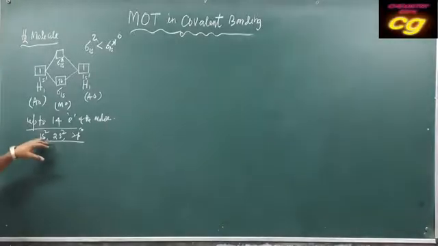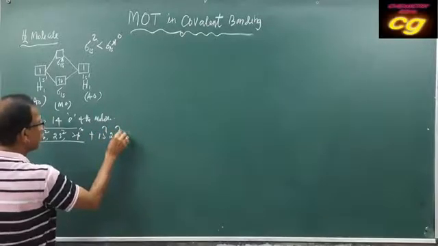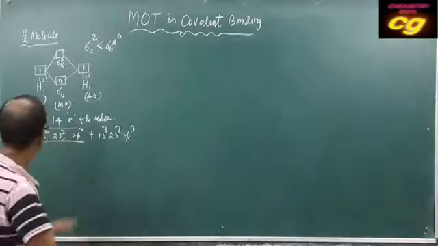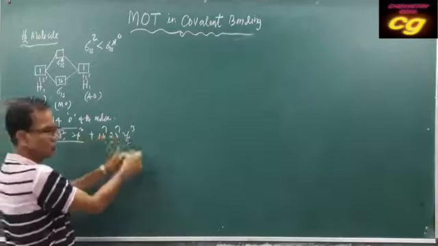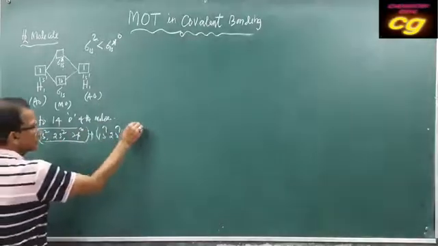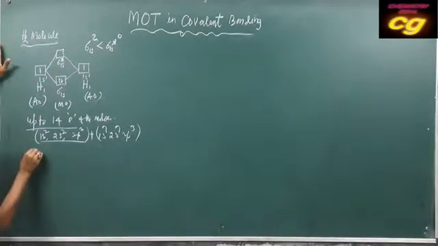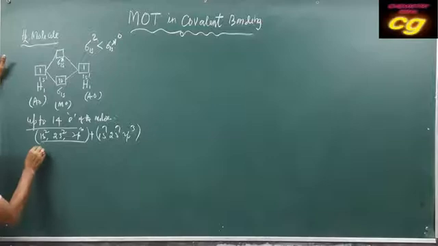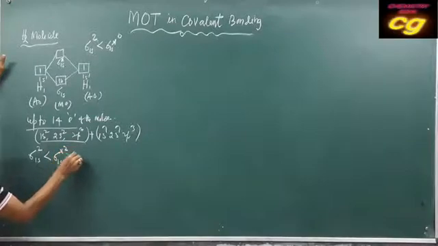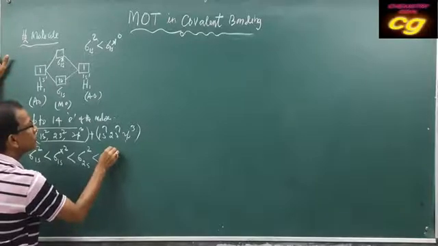So if the atom has 1s2, 2s2, 2p3, then when combined with the same 1s2, 2s2 and 2p3, during mixing of 1s, 2s, 2p of one atom with 1s, 2s, 2p of the other atom, molecular orbitals form. The molecular orbital order is sigma 1s2, then sigma 1s star 2, then sigma 2s2, then sigma 2s star 2.